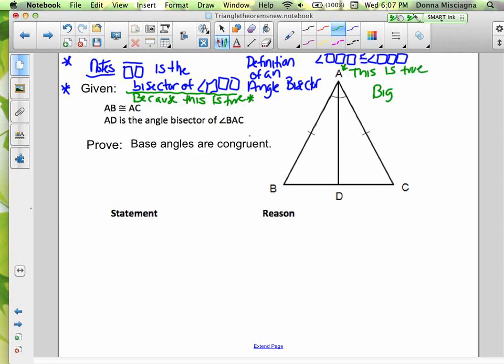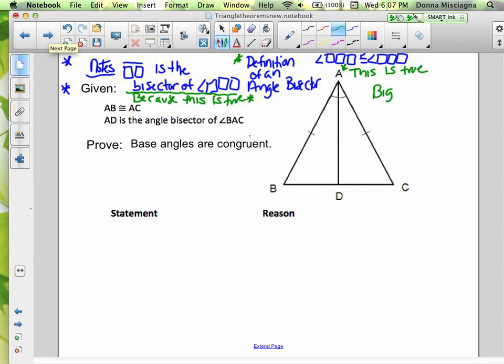Right? So if we're given that some segment is the bisector of an angle, using the definition of an angle bisector, I guess I'll star that one too. Using the definition of an angle bisector, we know that we have two congruent angles, right? And those are the angles that are created by our angle bisector.